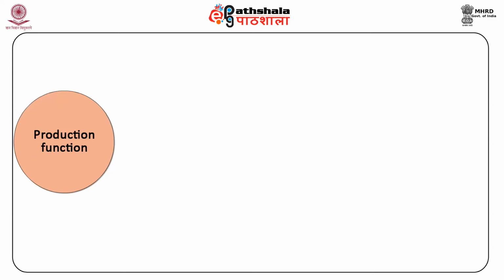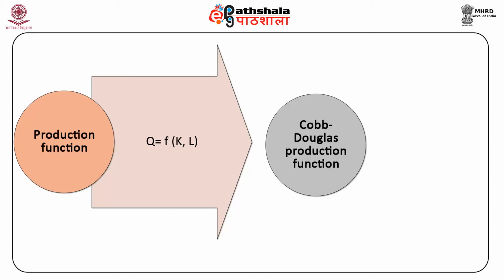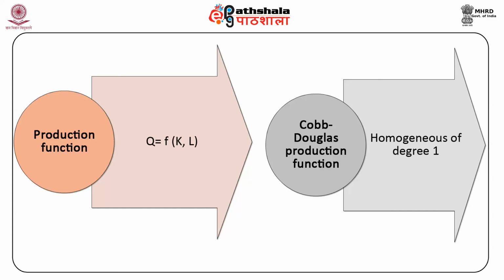Suppose the production function is given by Q = F(K, L). Now let us assume a Cobb-Douglas production function which is homogeneous of degree 1, which in turn means that when all inputs are increased in the same proportion, this proportion can be factored out.